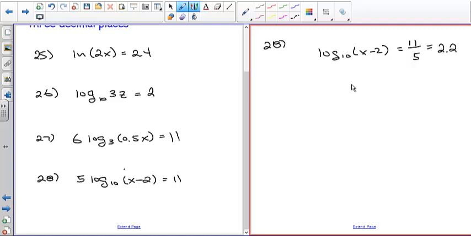And then you take 10 to the log base 10 of x minus 2 is equal to 10 to the 2.2 power. So 10 to the log base 10 of x minus 2 is just x minus 2. And 10 to the 2.2 power should be more than 100. It's 158.5. And then we add 2 to both sides. So we get x equals 160.5.